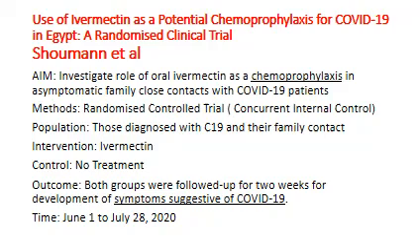They did a randomized control study, ivermectin versus no ivermectin, and they only followed up the groups for 2 weeks to see if they developed symptoms suggestive of COVID-19. So that was the study aim. For the patients given ivermectin, did they develop symptoms suggestive of COVID-19? They never said that they are going to look for death.